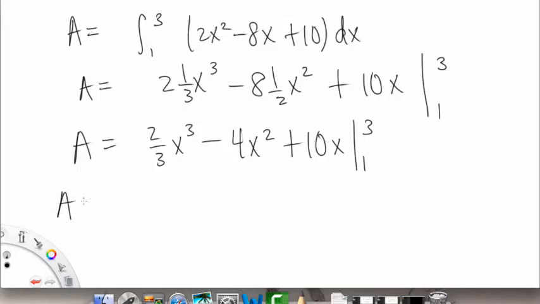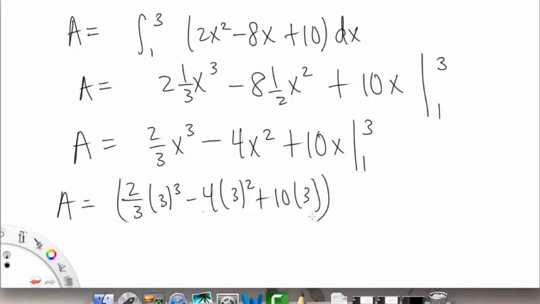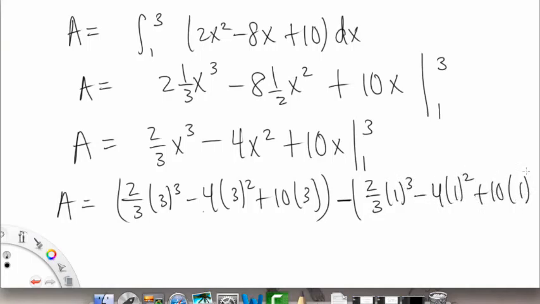So if we continue, we get 2 over 3 times 3 to the third minus 4 times 3 to the second plus 10 times 3. Okay, so that's when we plugged in a 3, and then we're going to subtract when we plug in a 1. So 2 over 3 times 1 to the third minus 4 times 1 squared plus 10 times 1.